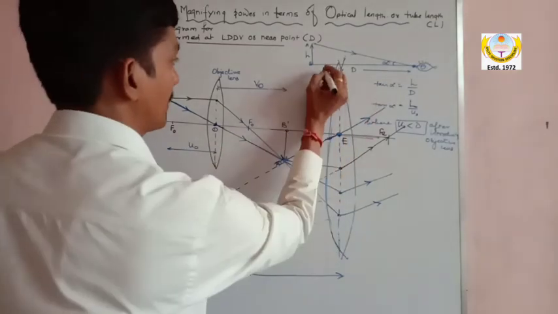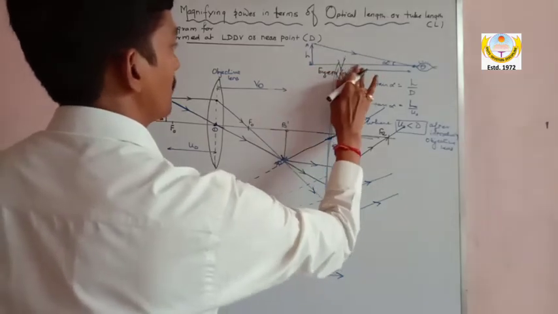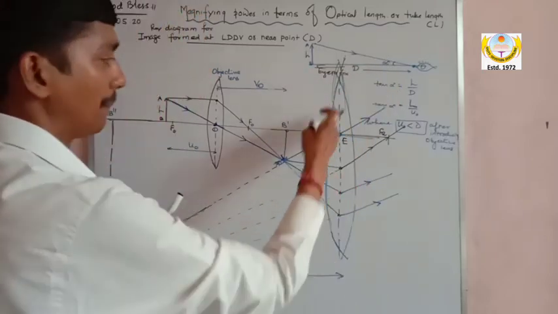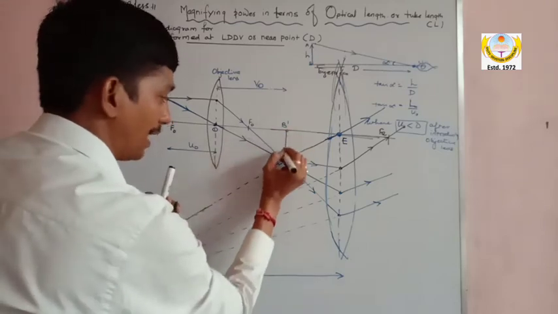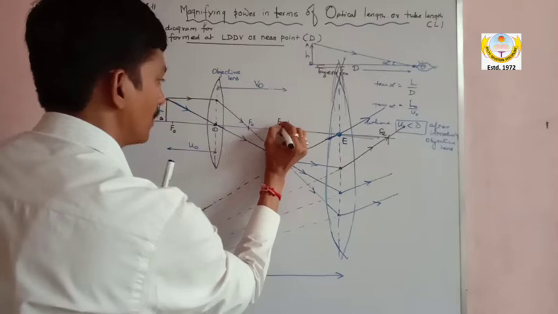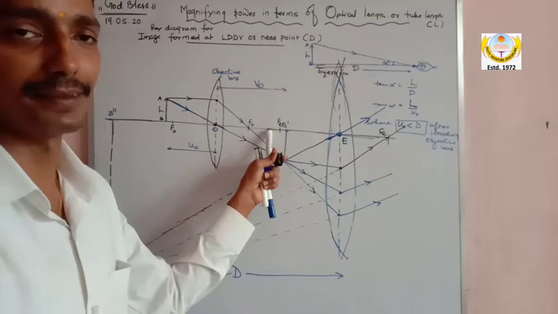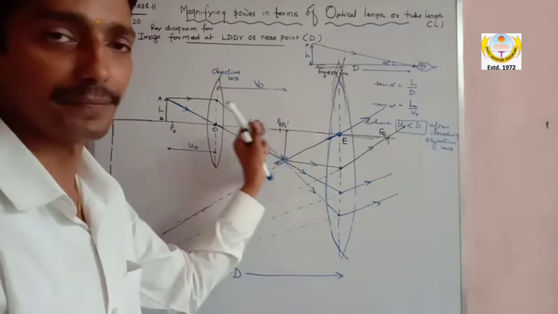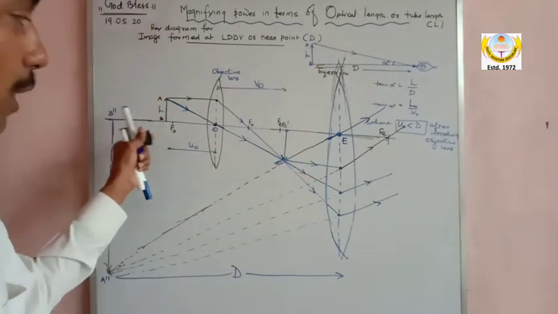So this first image that I got, what I am going to do is adjust the eyepiece. This is my eyepiece. I will adjust the eyepiece, my dear, and bring this image within the first focal point of the eyepiece, or close to it, just as I brought the object close to the focal point.